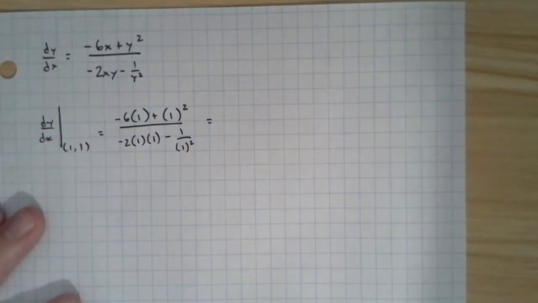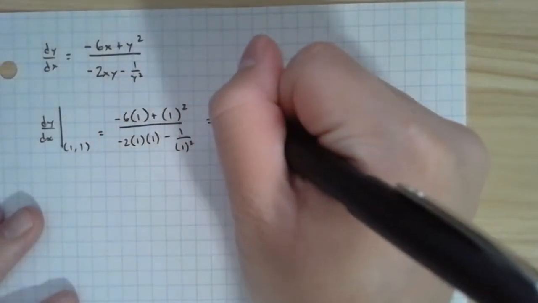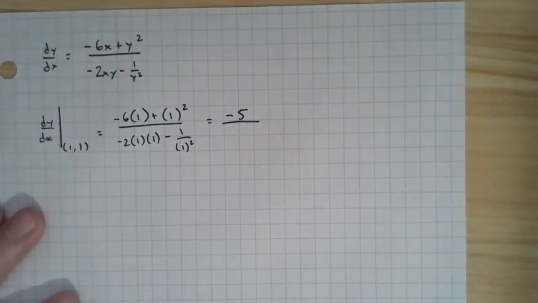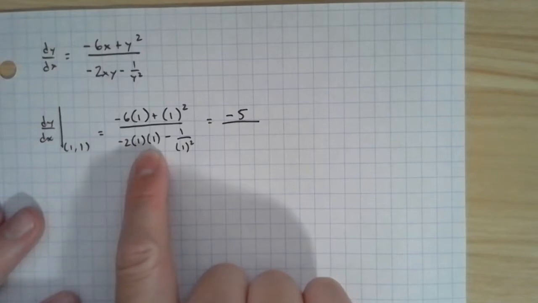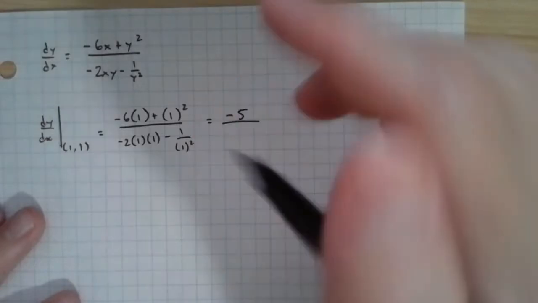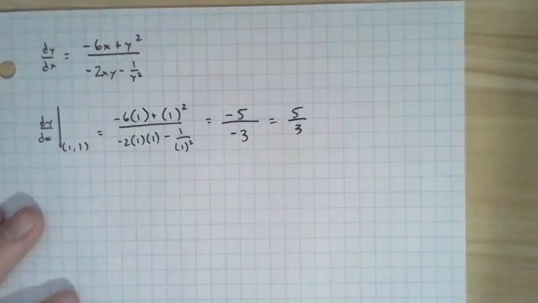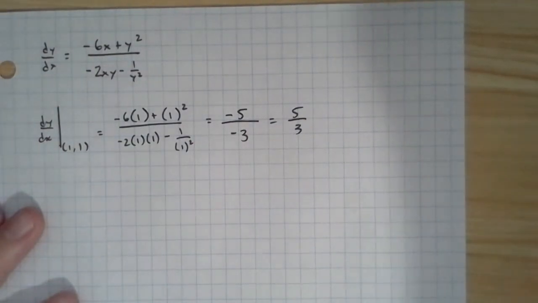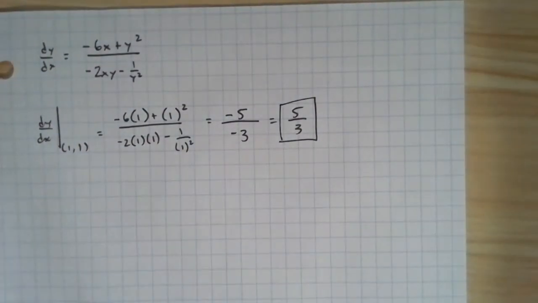Just clean this all up, so you'll get negative 6 plus 1, you get negative 5 in the numerator. Down here, all of this is negative 2, and minus 1, so negative 2 minus 1 would be negative 3. Then clean that up, negative over negative, then the derivative at 1 comma 1 for that implicit equation is 5/3. Okay, that's the slope of the tangent line at 1 comma 1 for that equation.